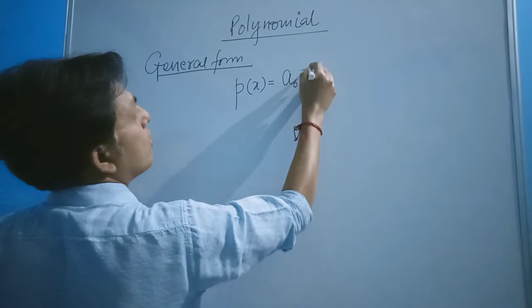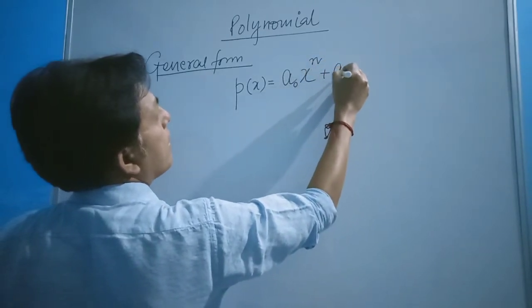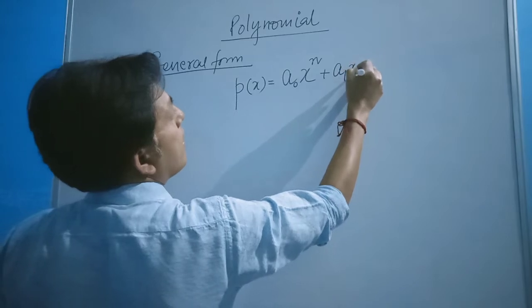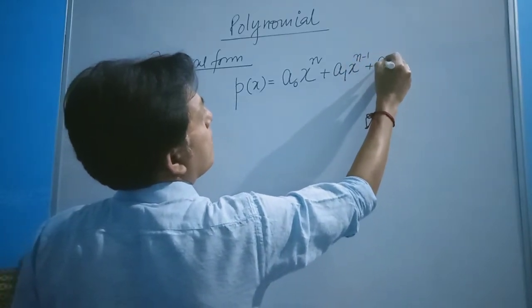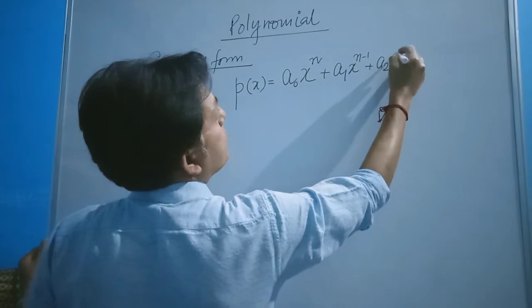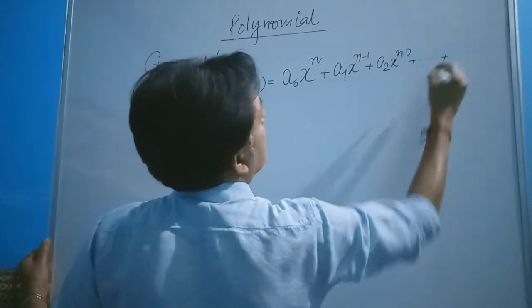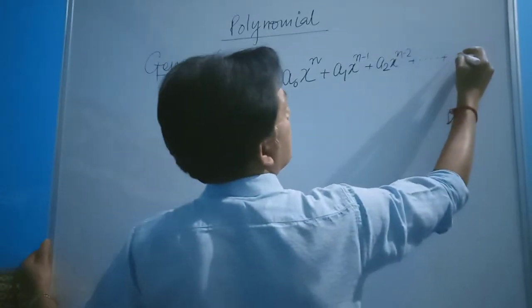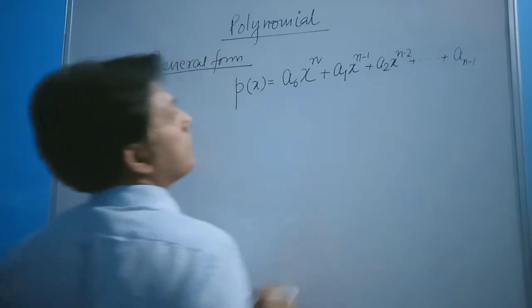A0 x to the power n, A1 x to the power n minus 1, A2 x to the power n minus 2 and so on, an minus 1.